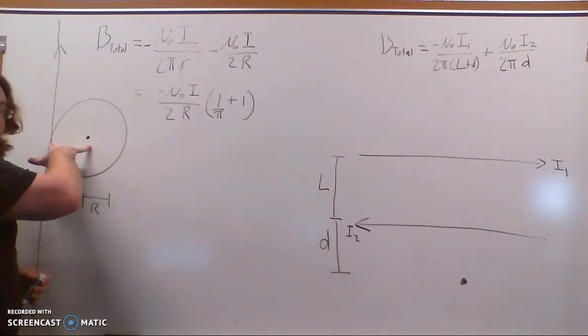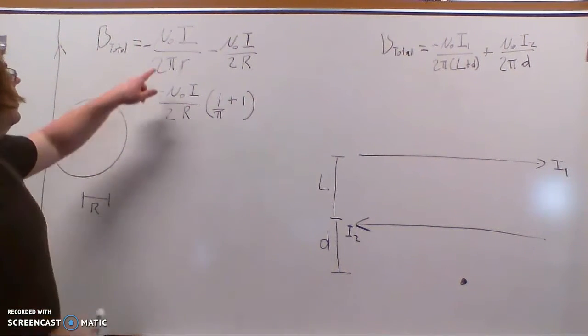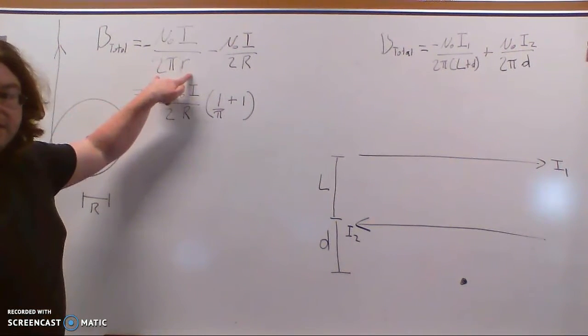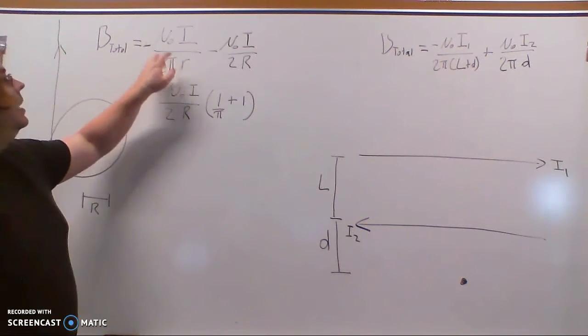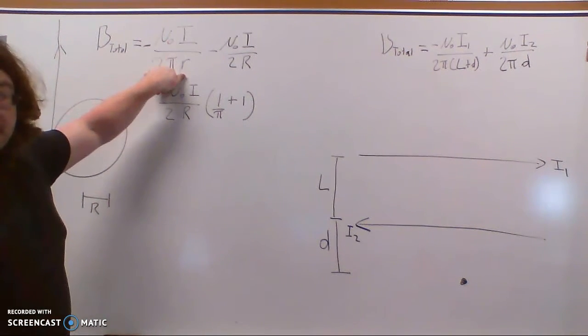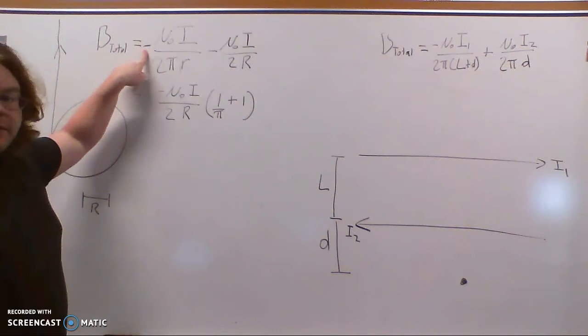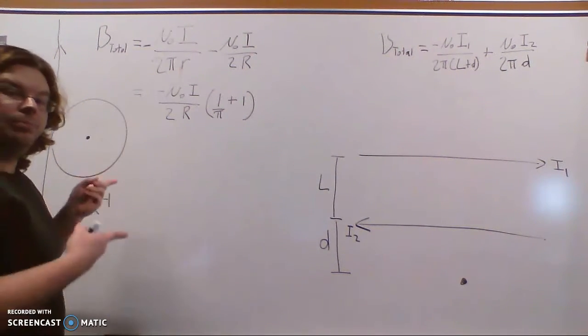If we know this distance, which at the moment we'll just indicate as little r, then the size of the magnetic field created by an infinite wire a certain distance from the wire is given by this formula. And because it's pointed into the wall, we assign it the direction of being negative.